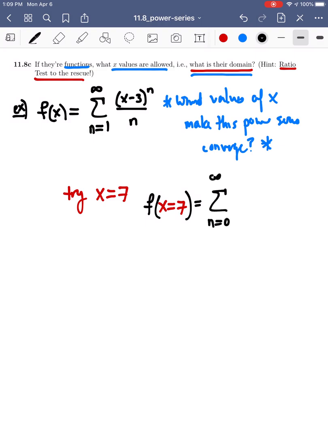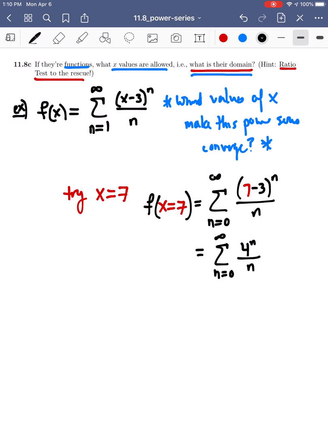We plug in 7 everywhere there's an x. So this would be (7 minus 3) raised to the n all over n. And then we ask ourselves, well, for this series, does this converge? Does this diverge? So again, doing a little bit of algebra here, this will be 4 to the n all over n. Hey, does this converge? Does this diverge?